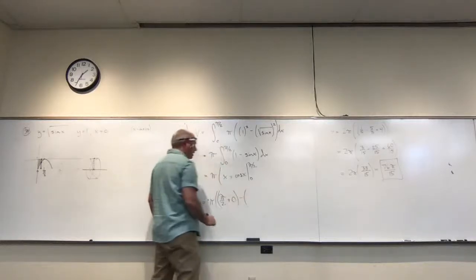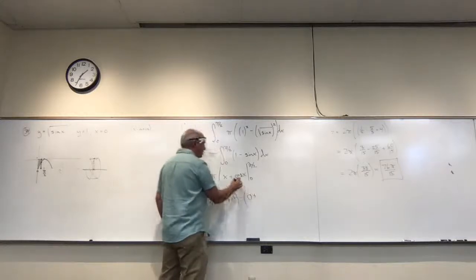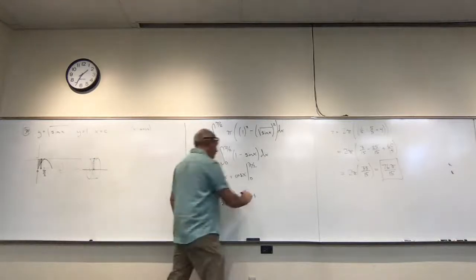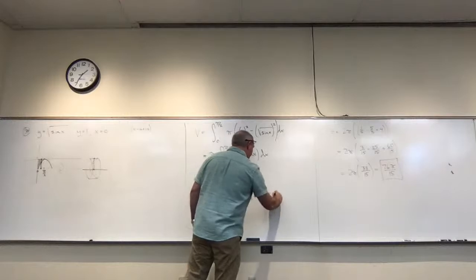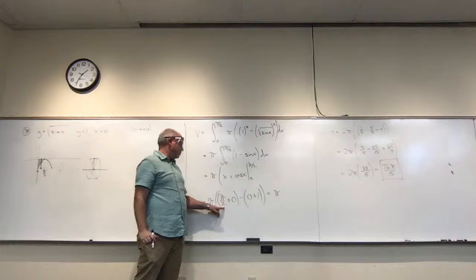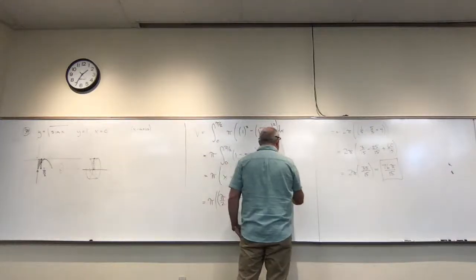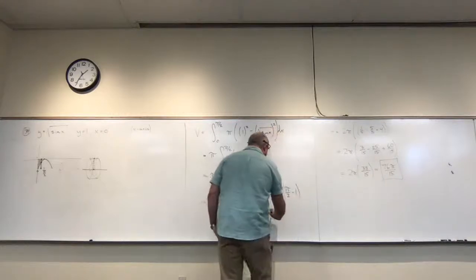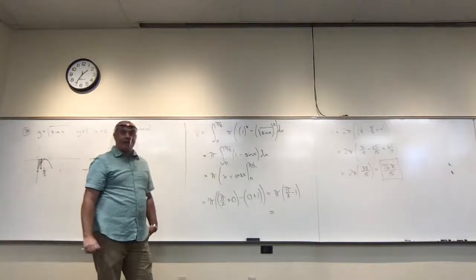Minus, now I want to plug in 0, which gives me 0. Plus cosine of 0 is 1. Okay, which is pi times, well, I guess I've got pi over 2 minus 1. So pi over 2 minus 1, and now it's just a matter of preference on how you want to write this.